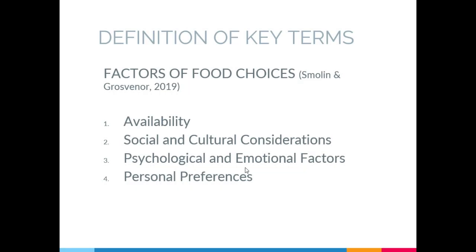What about factors of food choices? So this is from the ebook no that I want you to read dito sa chapter 1, Smolin and Grosvenor 2019. So these are the kumbaga factors no that affect your food choices, or these are the factors that would lead to your food choices. Okay?